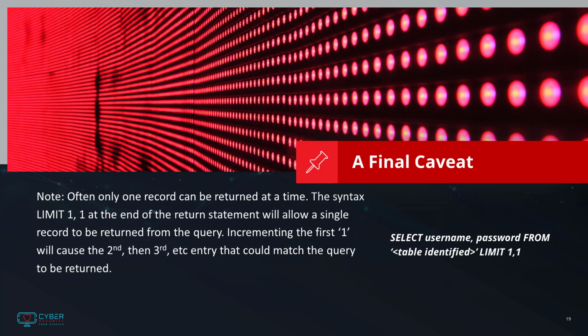So if, for example, you're trying to iterate over the set of users, you could say select username from users limit 1,1, you'll get the first username. Limit 2,1 in the second query, and you'll get the second username, limit 3,1 in the third, and you get the third username, and so on and so forth. And this will allow you to iteratively build up entries when you have only access to a single record return at a time.